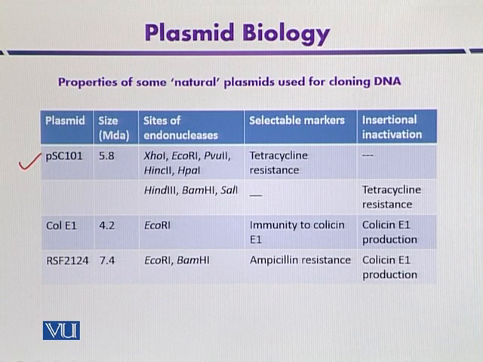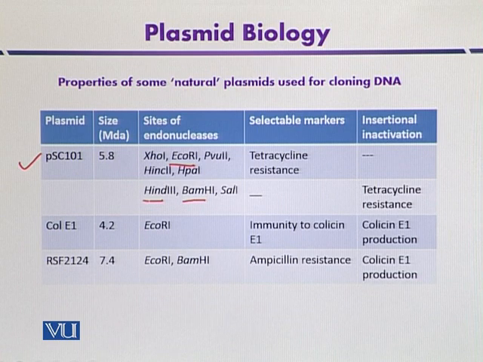First one is pSC101, and it contains single sites for different types of restriction endonucleases. The famous ones include EcoRI, HindIII, BamHI. It is very important that a plasmid has single restriction sites for different restriction endonucleases.